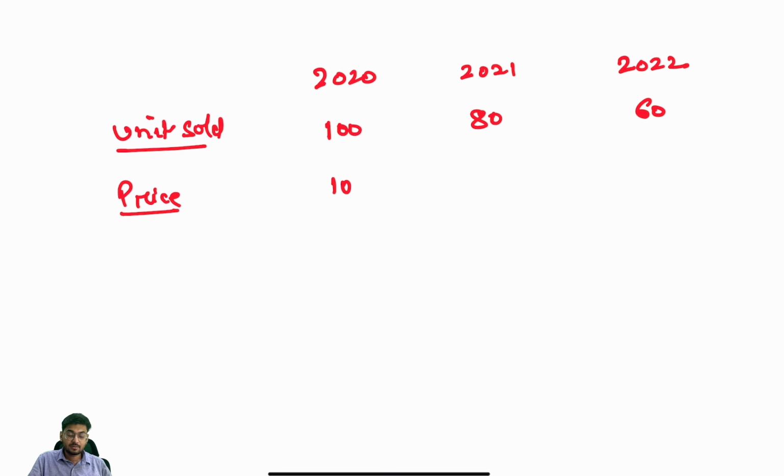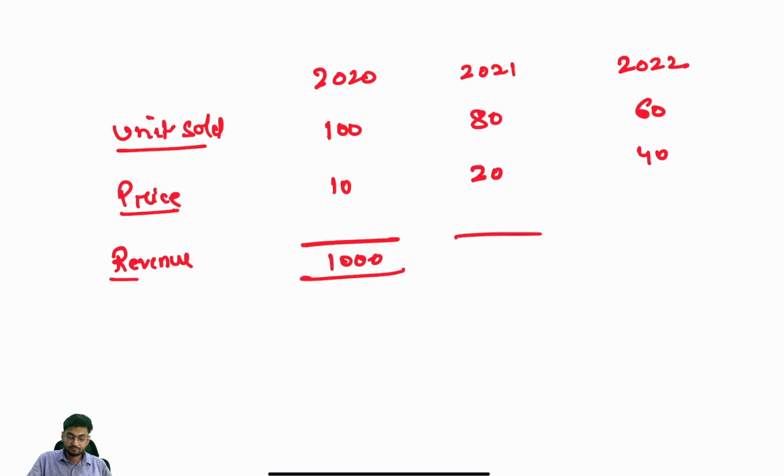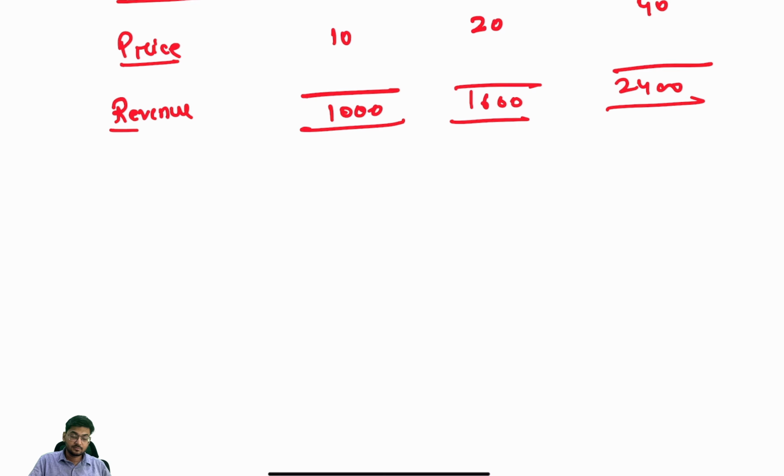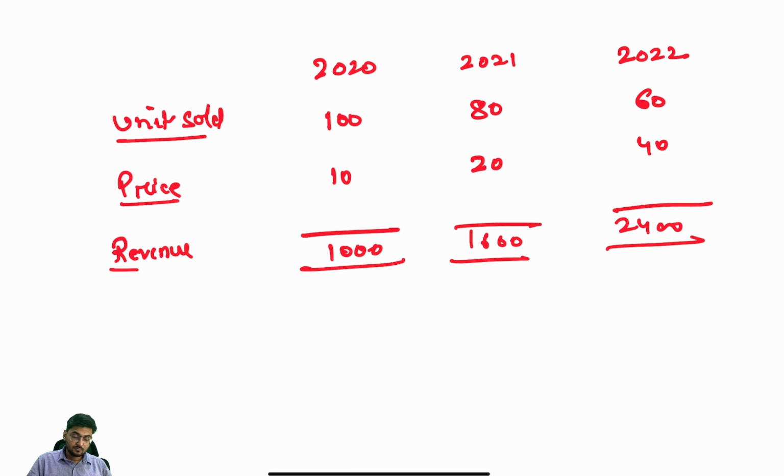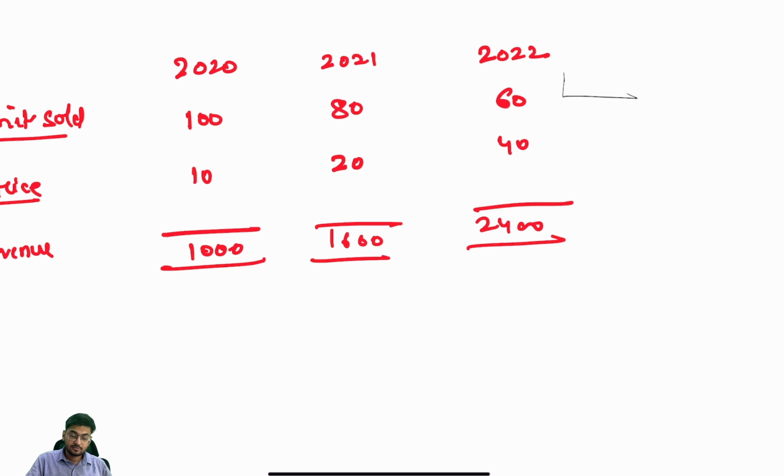So over here we have the price of 10, then the price increased to 20, and then to 40. So if you look at your revenue, it is 1000, 1600, and then 2400. Can you see over here that my units sold have actually decreased? Inflation increases, and this leads to my revenue increase.